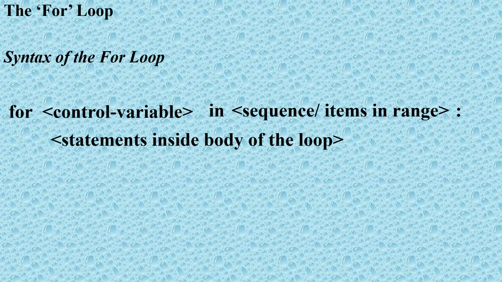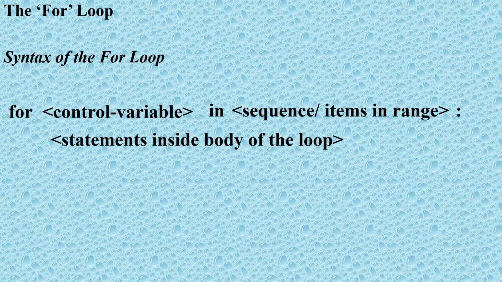It should have one backspace and it has to start from the same cursor position where you have written for. From that point it has to start, and whatever statements you write at that particular cursor position after the for in the next lines indicate the end of the for loop, and it will execute those statements.